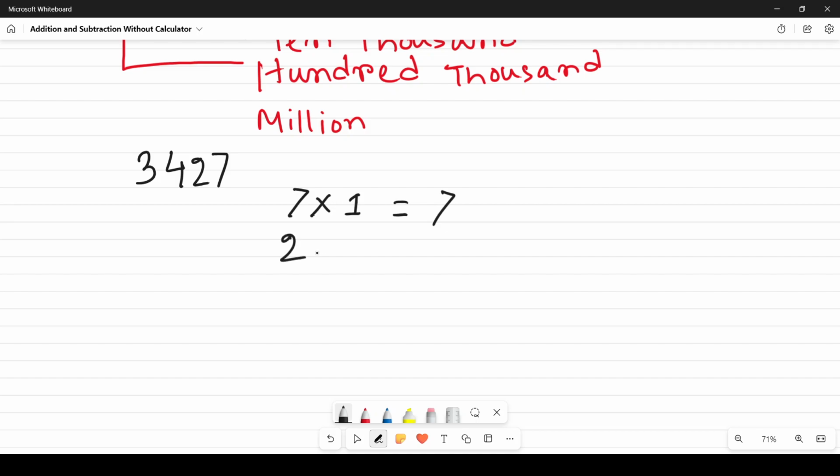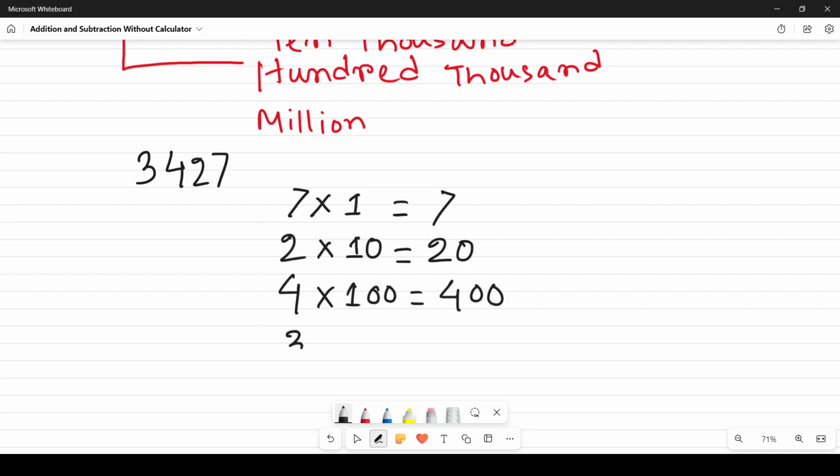This 2 has a place value of 10, so 2 times 10 is 20. This 4 has a place value of 100, so 4 multiplied by 100 is 400.